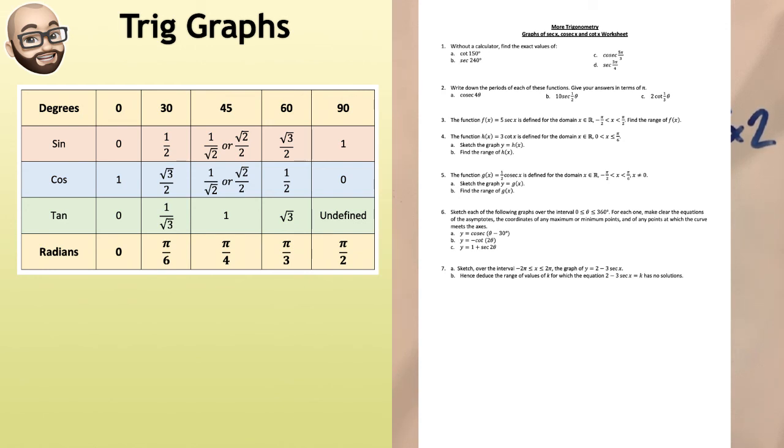And then question 6 is where it starts building them up. If you need to use that website to help you with those, please do. And then question 7 is very similar to one that we've just done right at the end there. Hopefully that shouldn't be too much of a challenge for you to do in the remaining time of today's lesson.